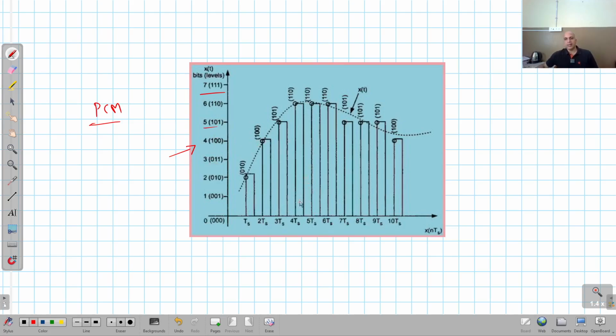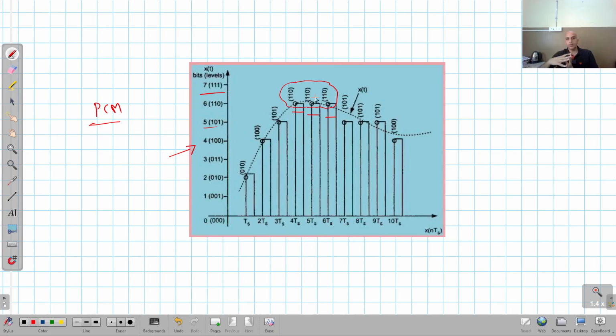Now look at the final digital output of the PCM. Go through this one, and this one, same, right? Same 110, 110, 110. Now this is creating a problem.